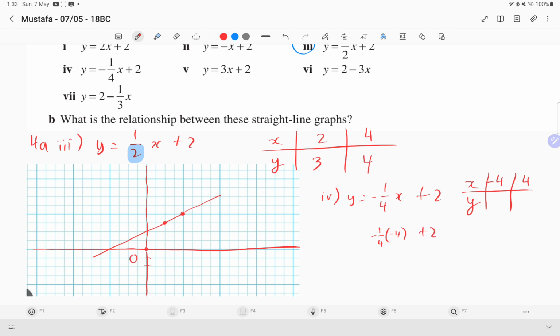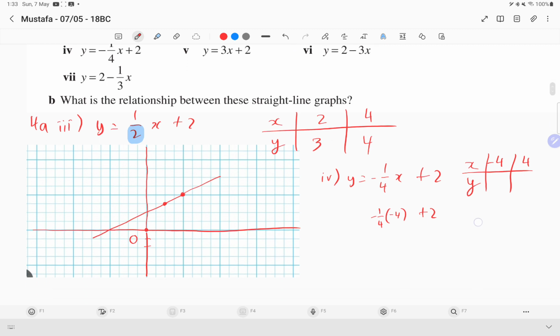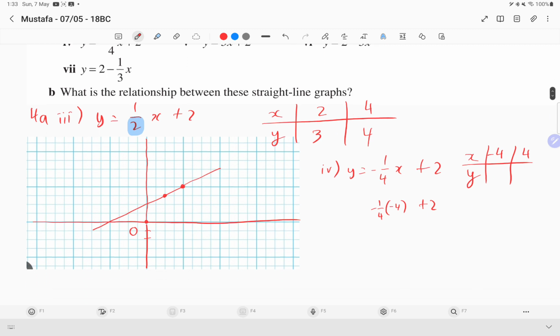Plus 2, 6. Not quite. So when you multiply with negative 1 over 4, it will be positive 4 on 4, which is 1. Okay. And plus 2 is 3. Okay, so what if I substitute 4 into the equation?